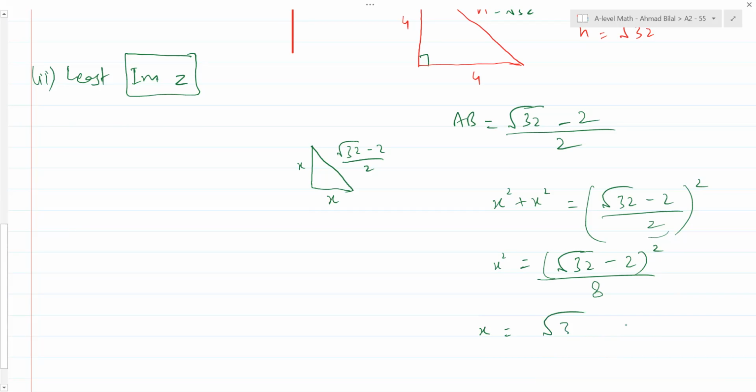We're going to be left with square root of 32 minus 2 divided by square root of 8. This is what we get.